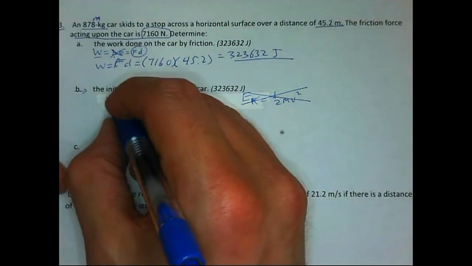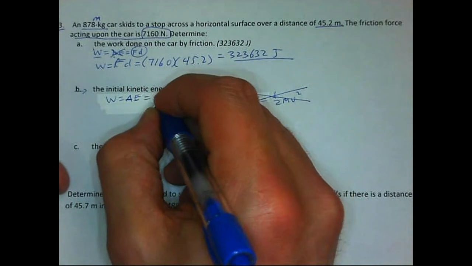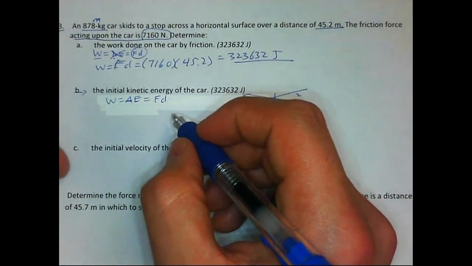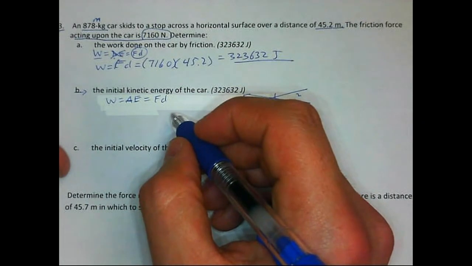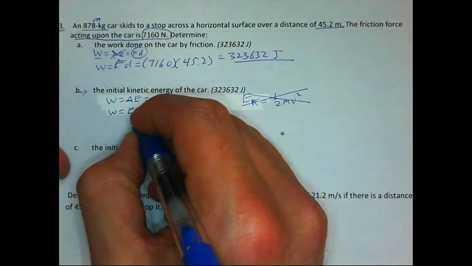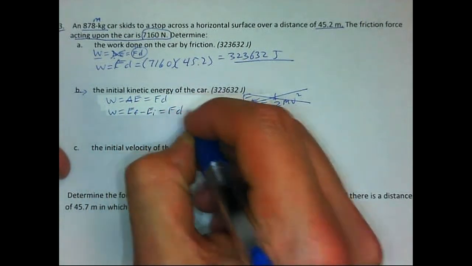Well, let's go back to the work energy theorem. Work equals delta E equals FD. Let's just start there and see what we get. Initial kinetic energy. Well, I know that change in energy is final energy minus initial energy, right?